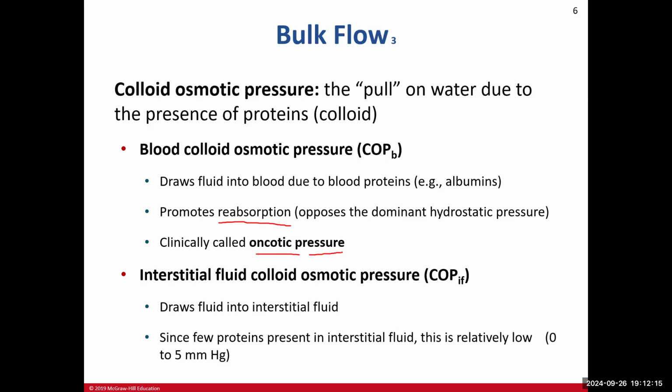The other type of colloid osmotic pressure is the interstitial fluid colloid osmotic pressure. Now we're outside the blood vessel in the interstitial fluid. If you don't remember, in chapter 18 we said that the composition of the plasma inside a blood vessel is very similar to the composition of the fluid in the tissues outside your blood vessels, except for one very big thing.